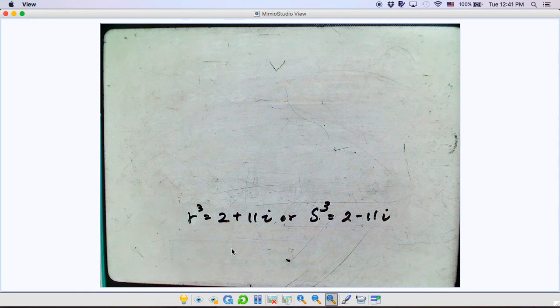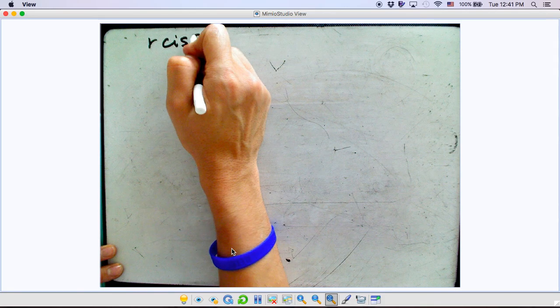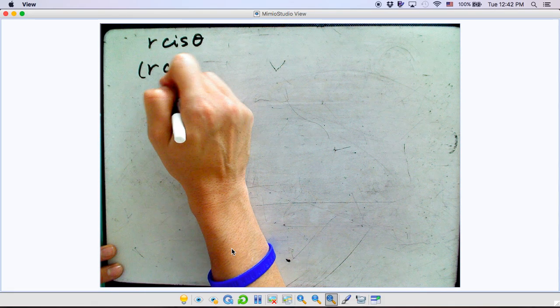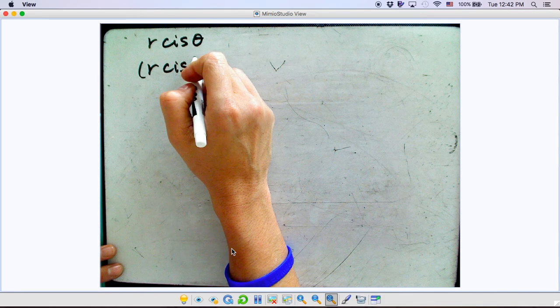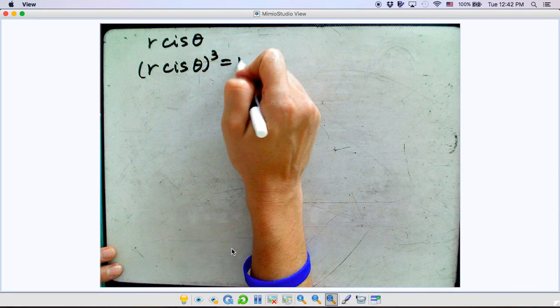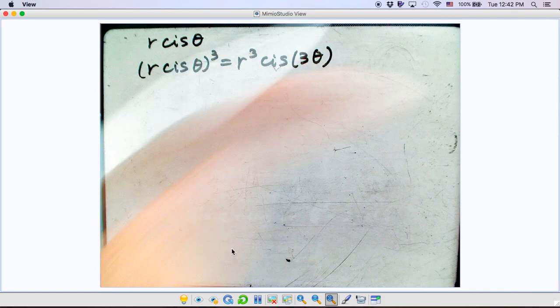Okay. So we know that we have r CIS theta, and if you cube it, so we'll have r CIS theta to the third power, then we'll have r cubed CIS 3 theta, right?